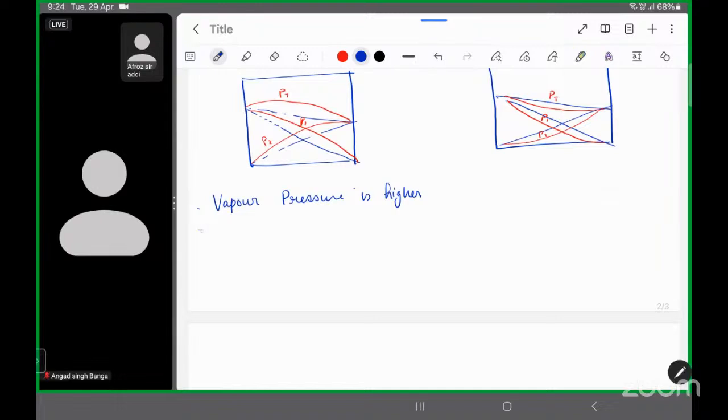More vapor pressure means more vapors are forming, and vapors form when there is a weaker intermolecular force. Understand?